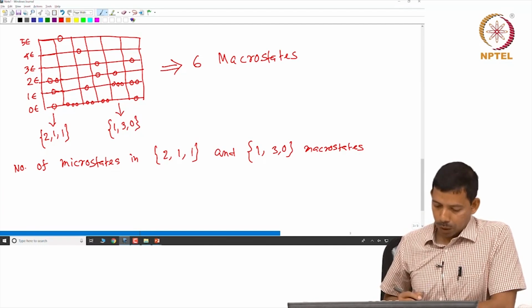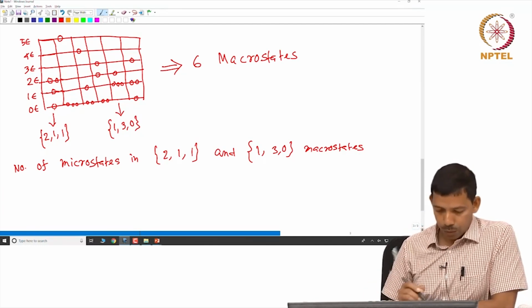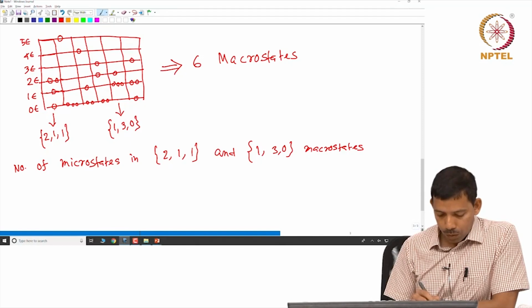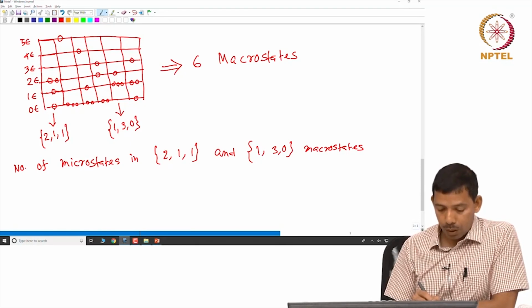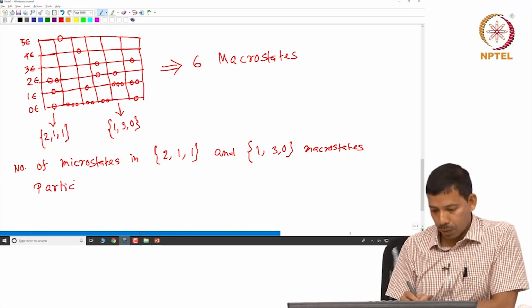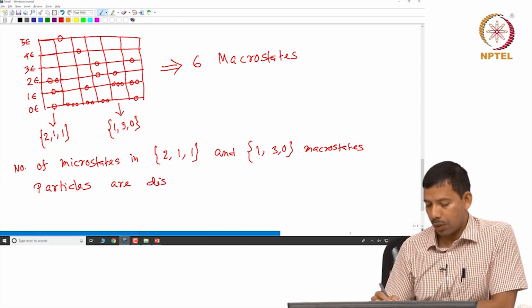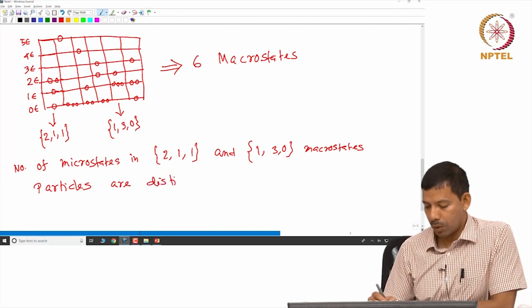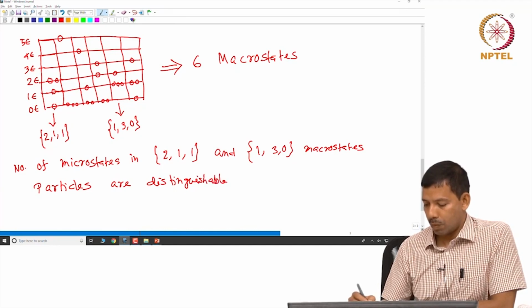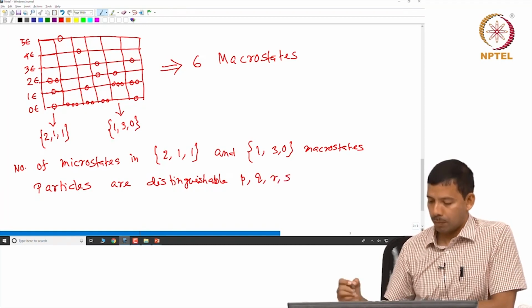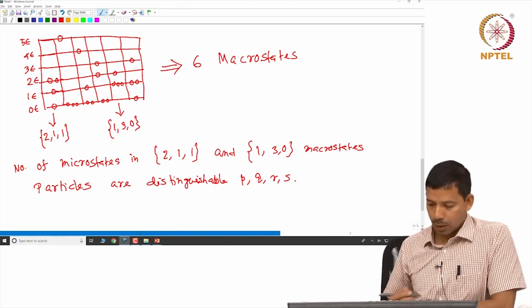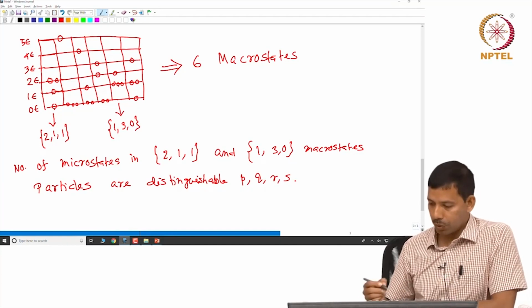Number of microstates in these 2 macrostates we want to find out. So again, for that we say that particles are distinguishable. So now the particles are again distinguishable, and they are P, Q, R, S.